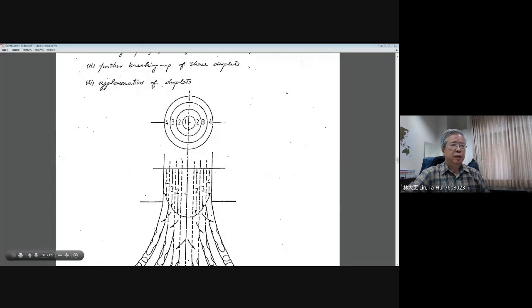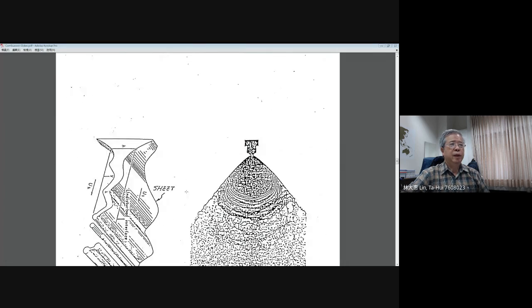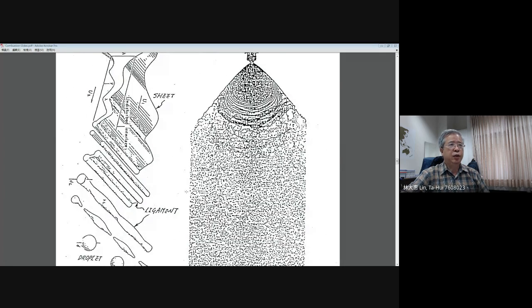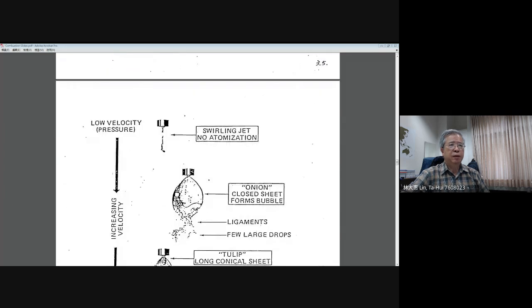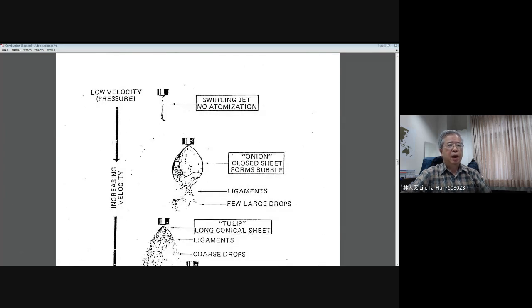Let me show you another example. We already explained from the slides in our lecture notes those kinds of breakup mechanisms from the sheet to the ligament and also to the droplets.